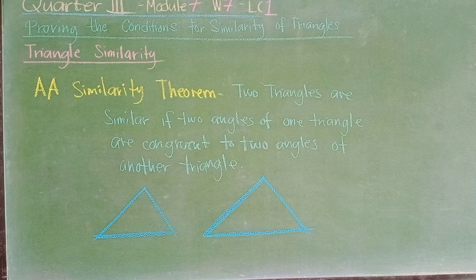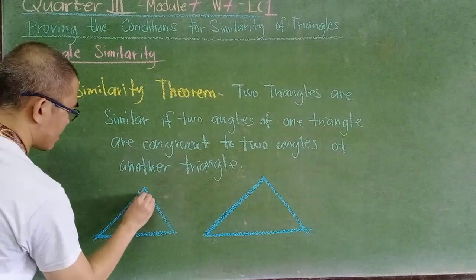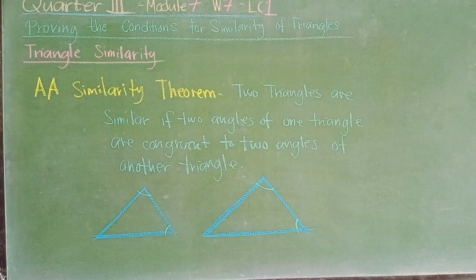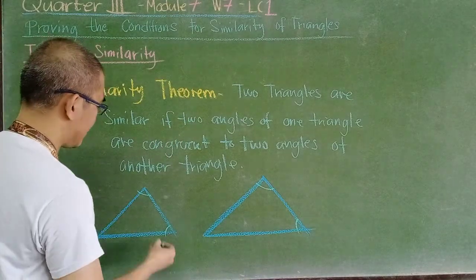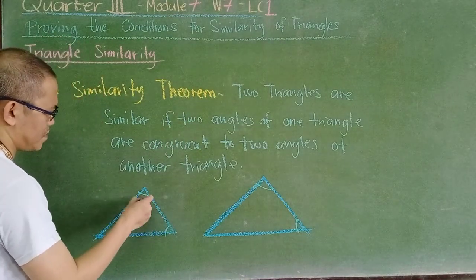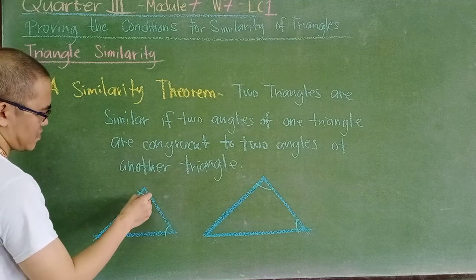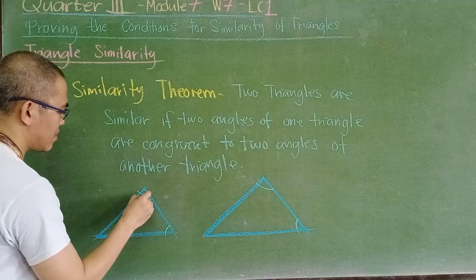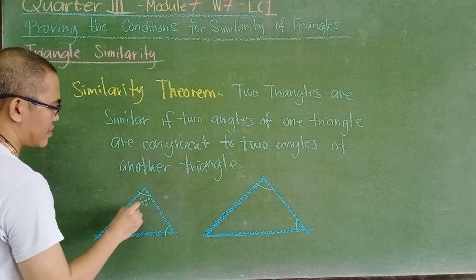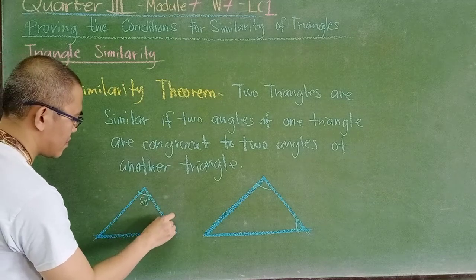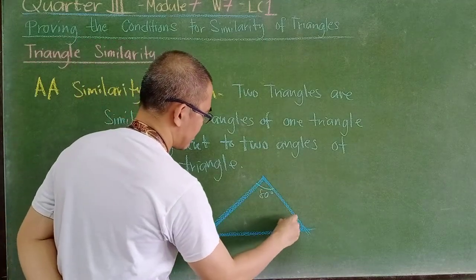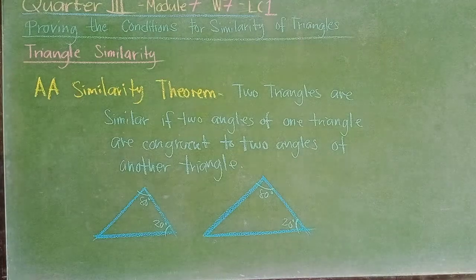Halimbawa, meron tayong dalawang given. Dalawa yung given natin. Halimbawa, sabihin na natin na this is 80 degrees, this is 20 degrees. This is also 80 degrees, this is also 20 degrees.